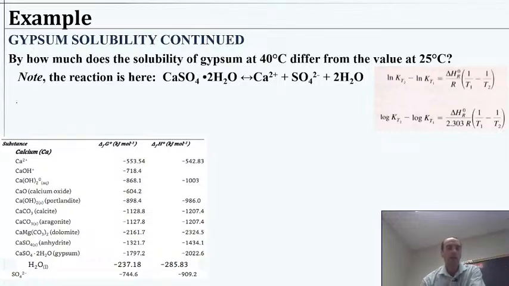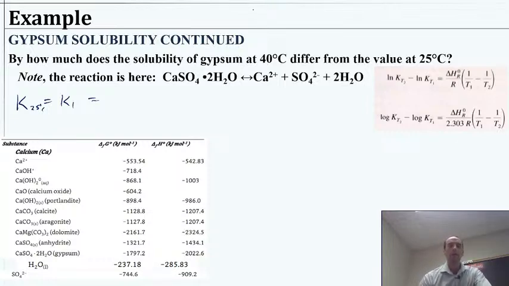Last time we calculated our K at 25 Celsius. Let's just call that K1, okay? And I'm going to go pull up the other slides and find that exact number, unless one of you has it in front of you, tell me. But with that, we should be able to use this equation and solve for it at 40 Celsius.